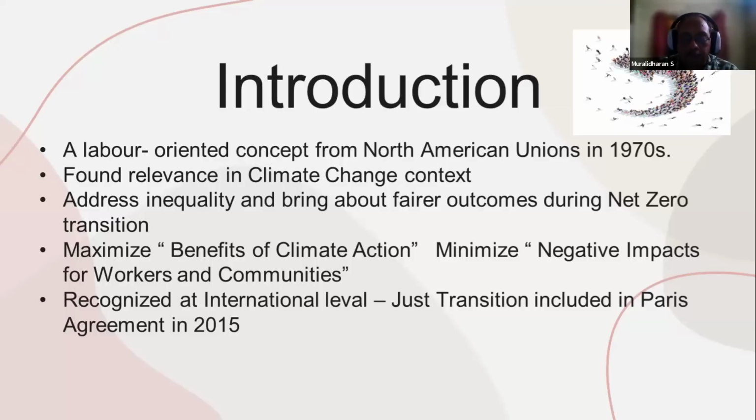For example, today we talk about AI killing so many jobs, and the World Economic Forum says that 92 million jobs will be wiped out this year, and next year there is a likelihood of 170 million new jobs coming, and they may be all technology oriented, and all these earlier types of jobs will be wiped out over the period. So maximizing the benefits and minimizing the negative impacts on workers and communities is the primary objective.